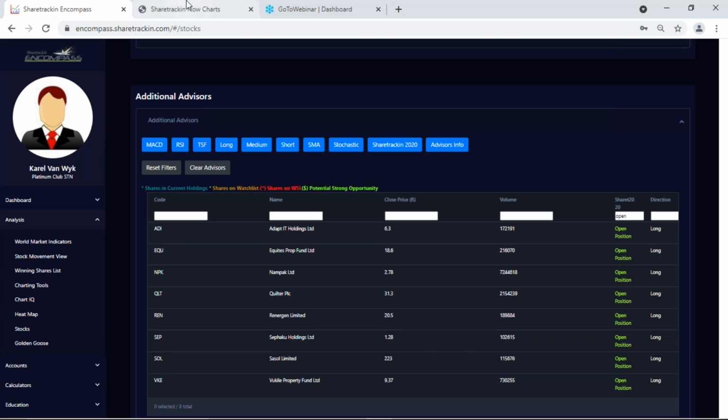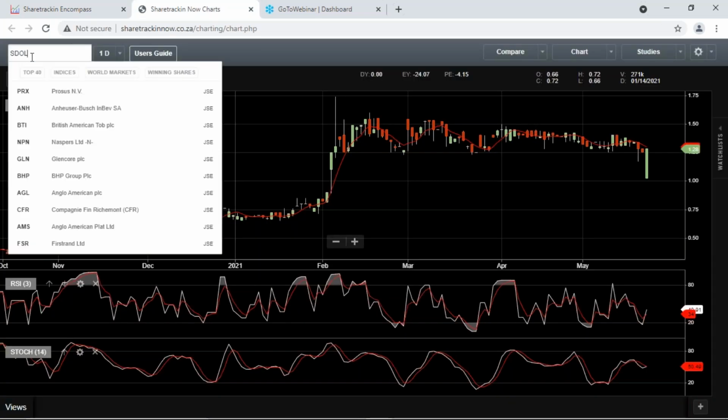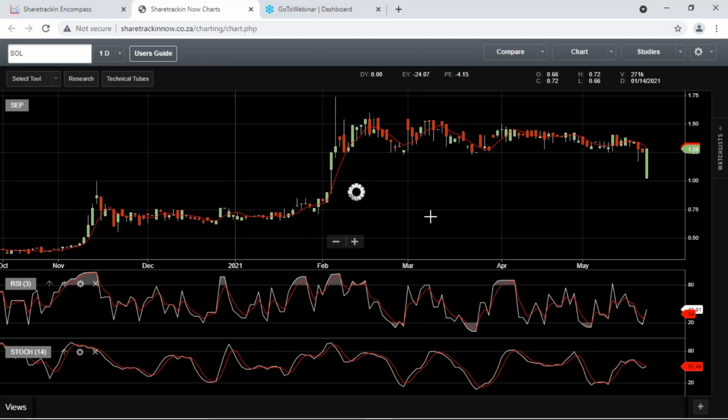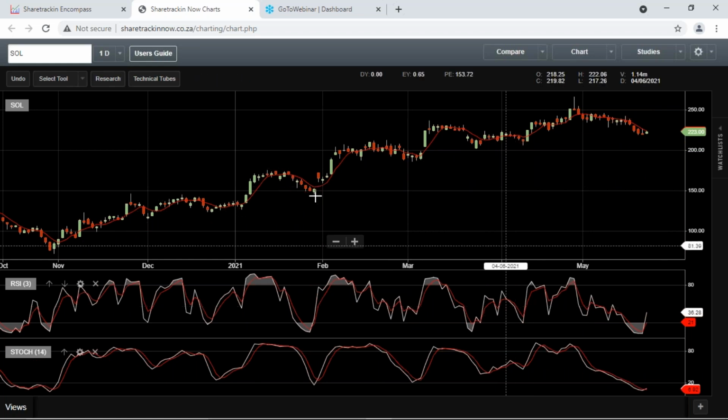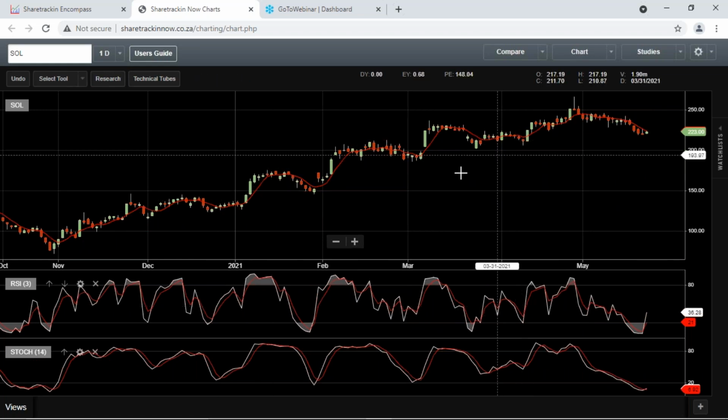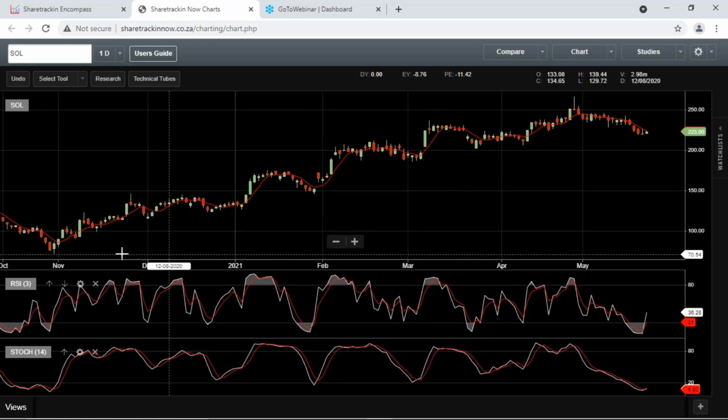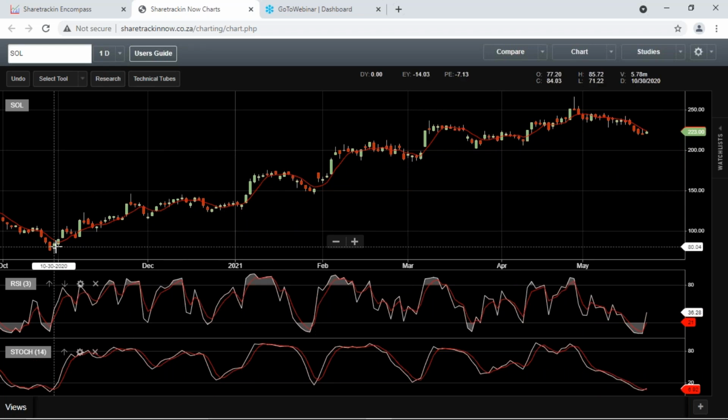Next one, SASL. SOL. So if I do look at SASL, SASL has grown pretty great ever since November. So if I were looking at a longer term trade, if I was more of an investor, this would have been a great share ever since November.